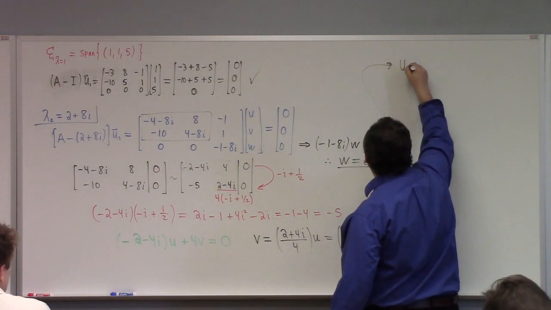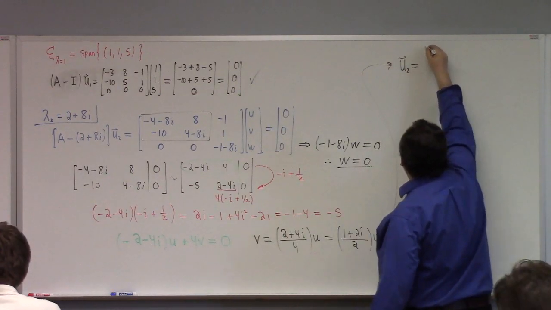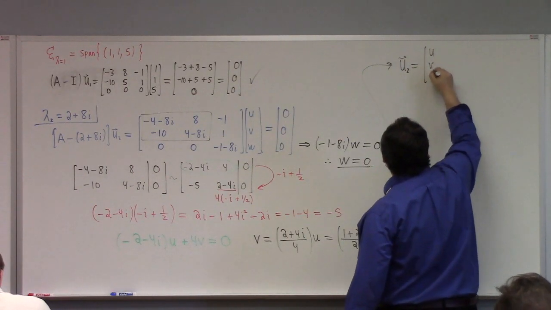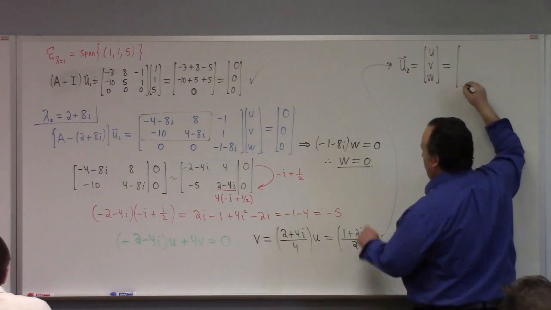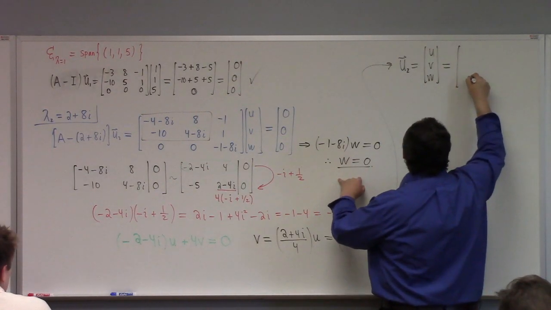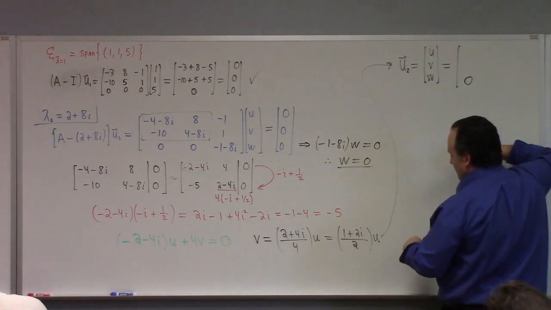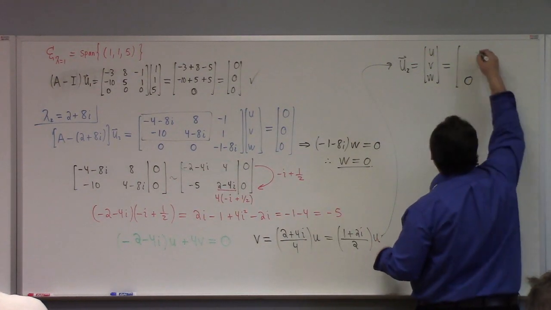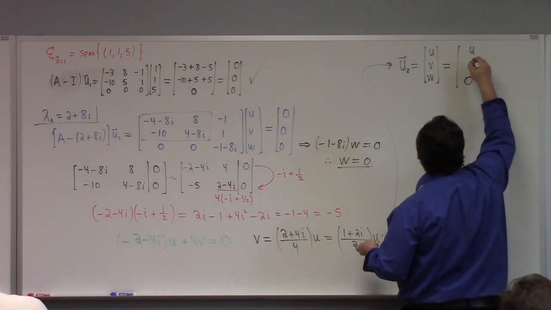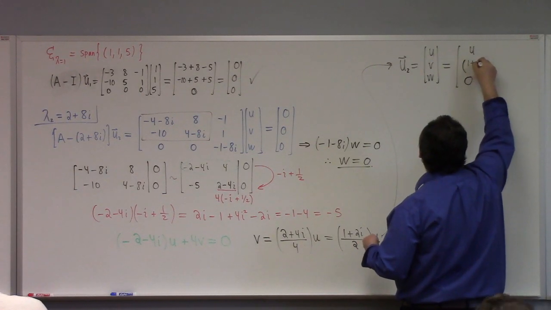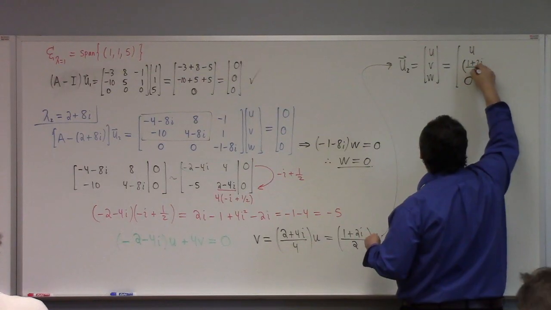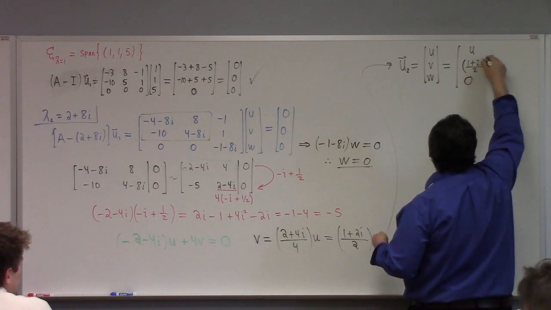This tells me that u, v, w. Remember, we have previously argued that w is 0, so that's done. And then I've got u up here, and 1 plus 2i over 2 times u.